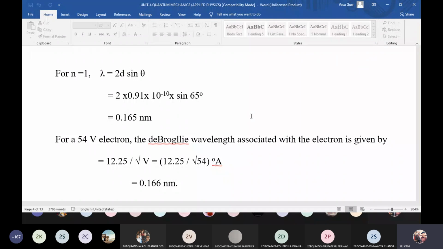In Davisson-Germer, there are two formulas: Bragg's law as one formula, and the de Broglie wavelength as another. Bragg's law gives 0.16 nanometers and the de Broglie wavelength is also 0.16 nanometers. In most physics experiments, scientists correlate the formula values with the experimental values. If both of them are the same, then their experiment is correct.